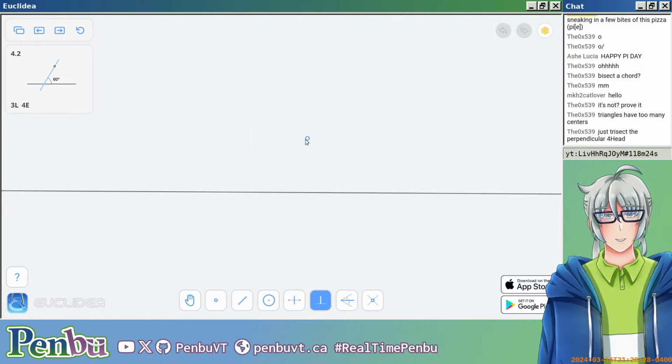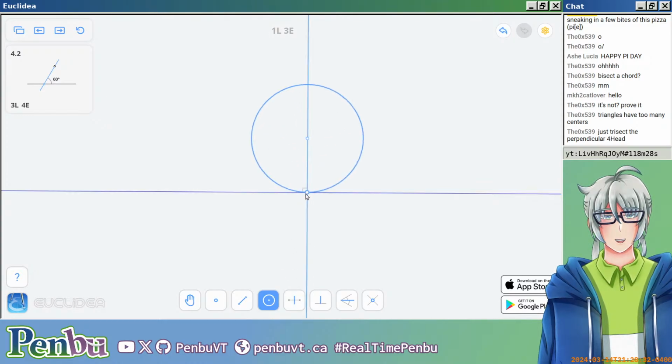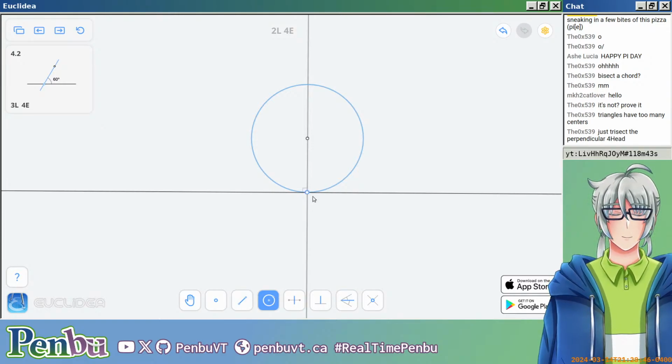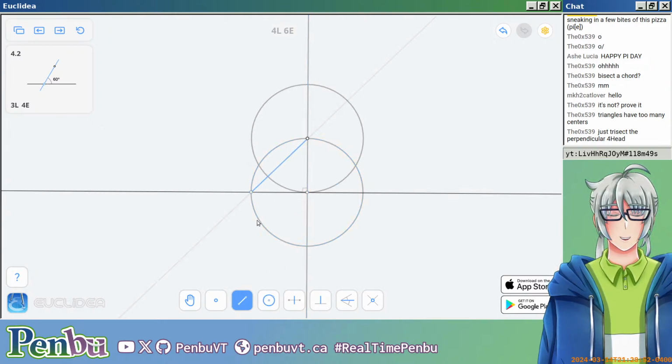So if we drop a perpendicular, we'll create a circle from that. You can do this. No, that's not quite right.